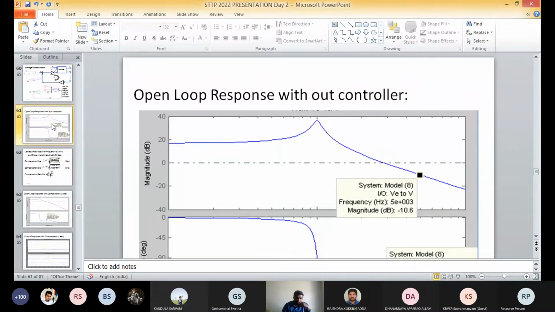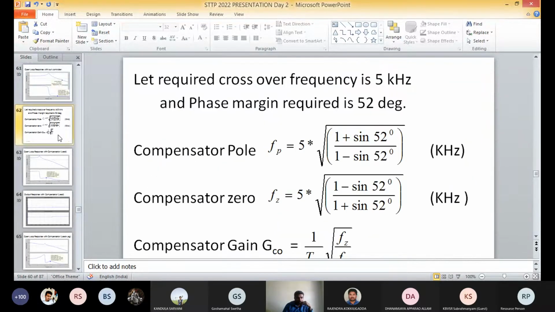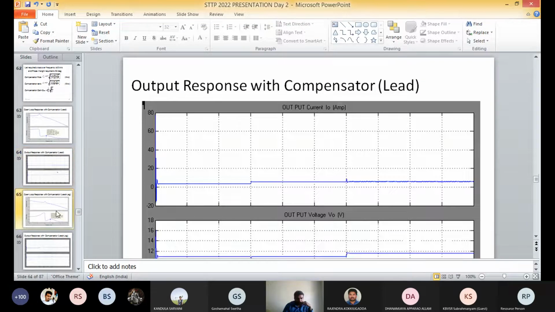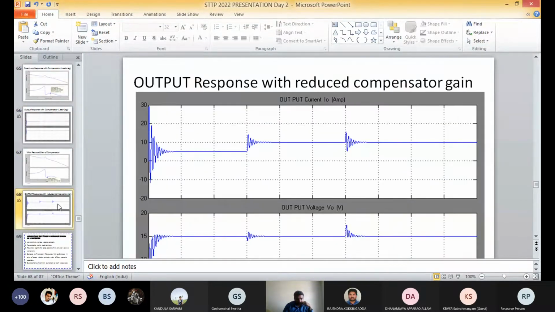Otherwise, most people simply use KP and KI and an integrator block, and by the trial and error approach they design some controller for their physical system. But this is the actual approach to design a compensator for any type of system. It is similar for the simple voltage mode controller.